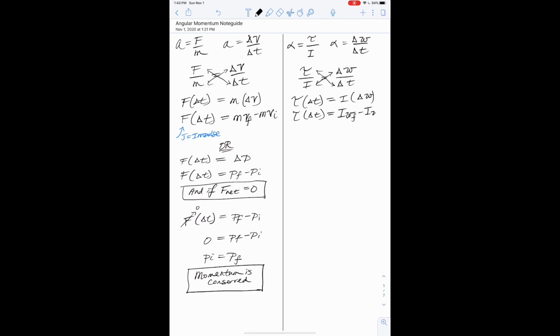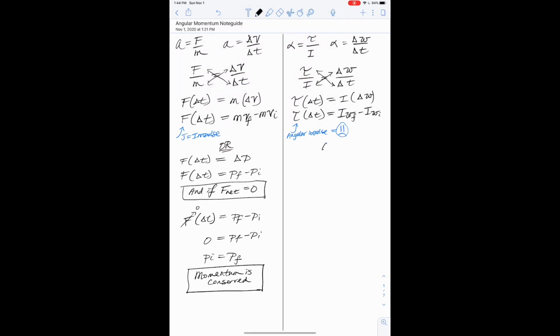I have I omega f minus I omega i. And here, I want to point this out. This is angular impulse. And I'm sorry to say there's no variable for angular impulse. Yeah, it's sad. All right, let's go ahead and keep moving.